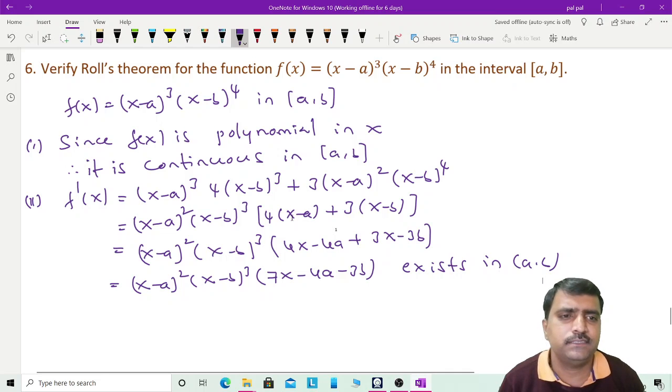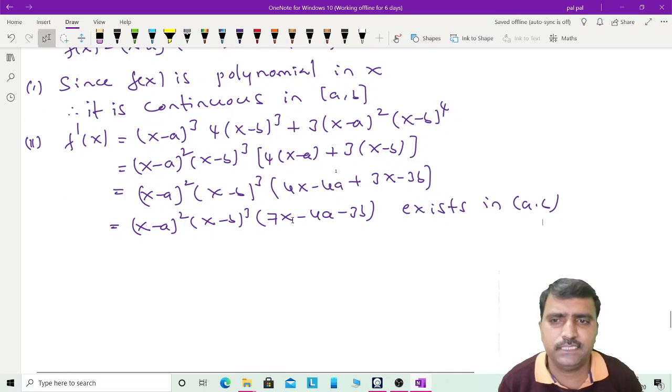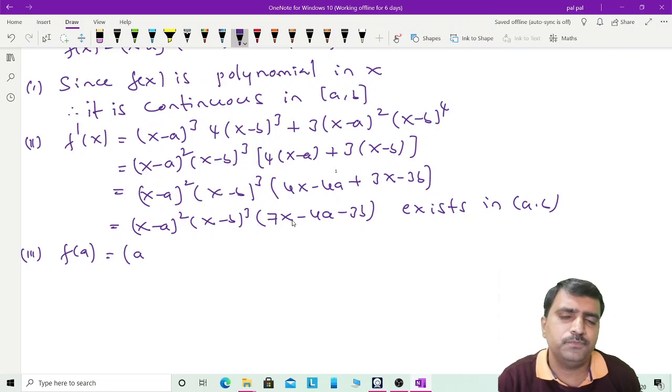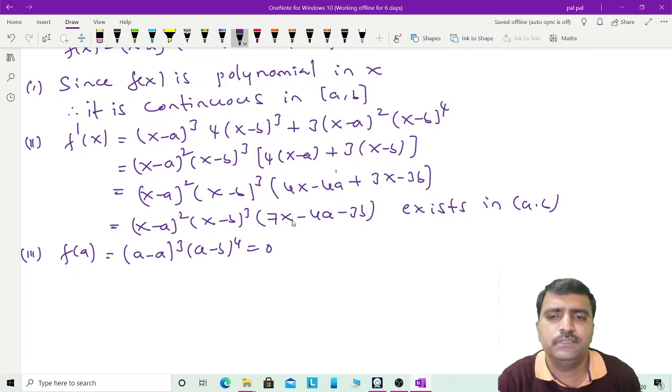Next, the third condition of Rolle's theorem. You take f of a. F of a is equal to, in place of x we take a, so it is a minus a whole cube into a minus b whole to the power 4, which is 0 because a minus a is 0.